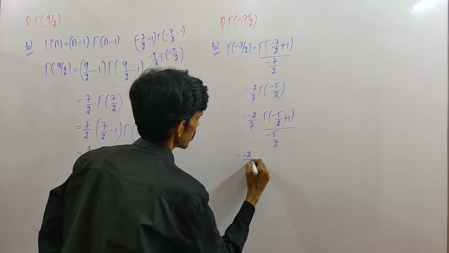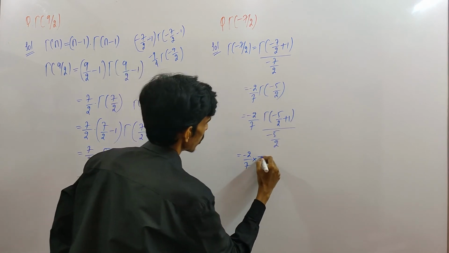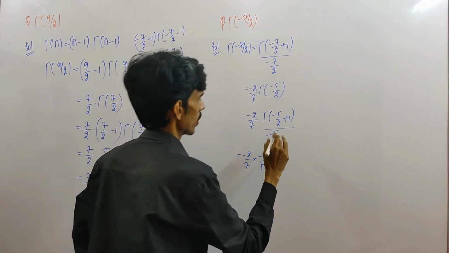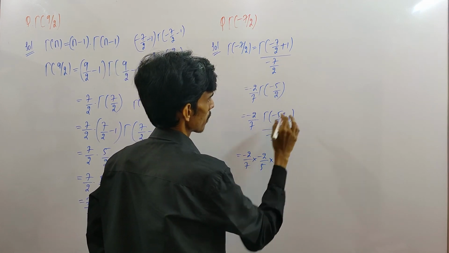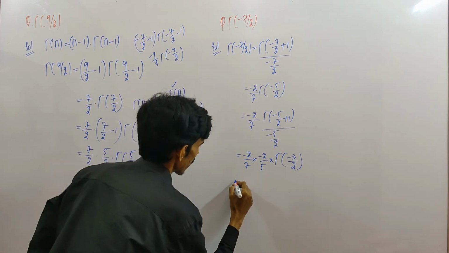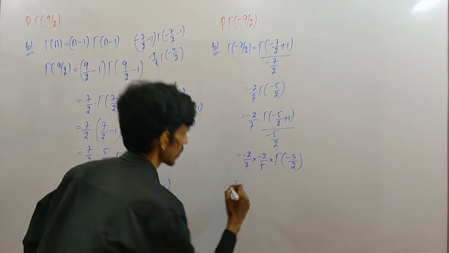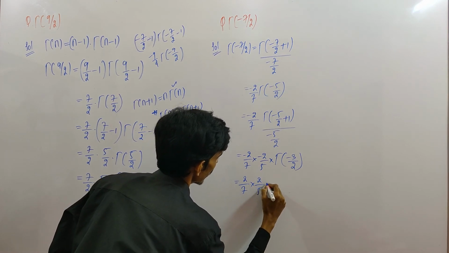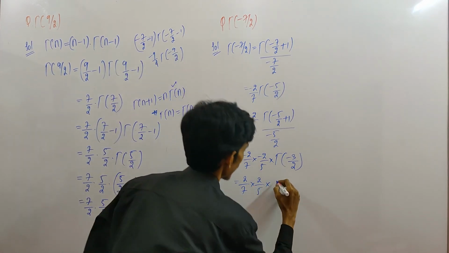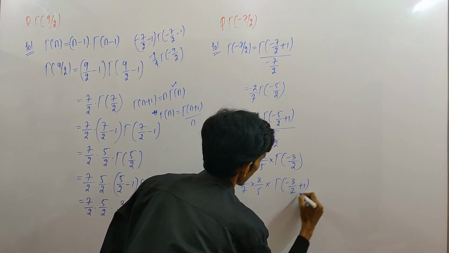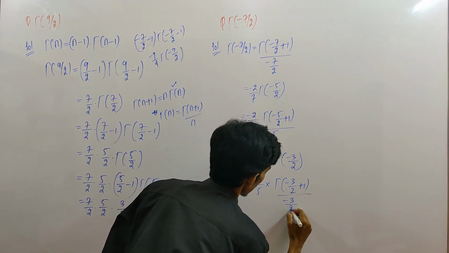Then we have minus 2 by 7 into this value, minus 2 by 5 into gamma of, 2 ones are 2, minus 5 plus 2 we have minus 3, minus 3 by 2. That is equal to, minus into minus is plus, so we have 2 by 7 into 2 by 5 into gamma of n, gamma of n plus 1 divided by n.